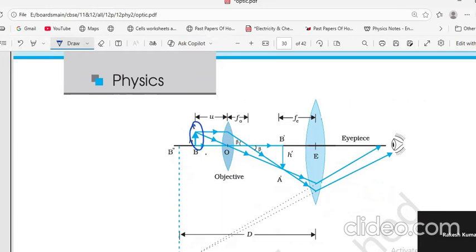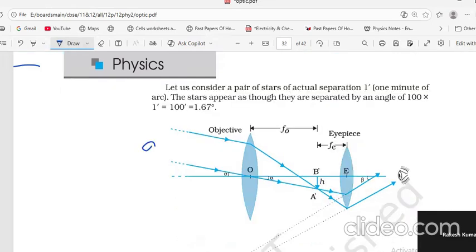Here the object is close to this, and if you are looking at distinct vision, then the image will form, if the focus is somewhere here, between this. In the telescope, the object is at infinity. It goes to infinity, so it must form at the focus. So this is the focus. This image is formed at the focus. So this is the difference.